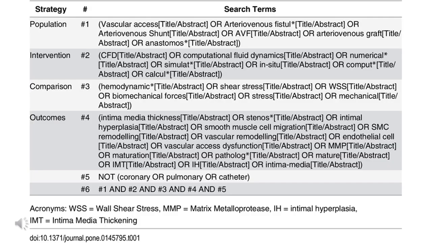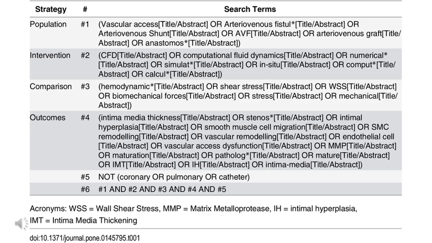Here you see an example of a search string as it was published in a real medical journal. You can find the DOI code at the left bottom of the screen if you want to look that up. But it doesn't really matter what the words are here exactly.